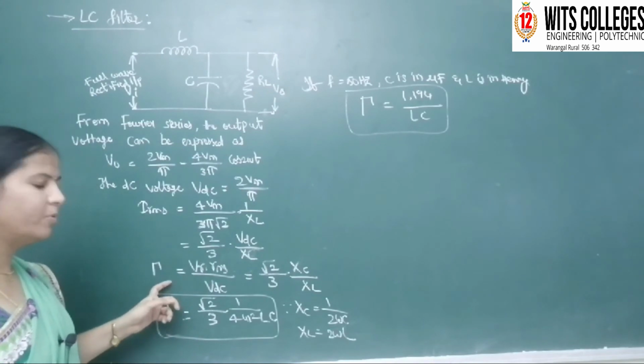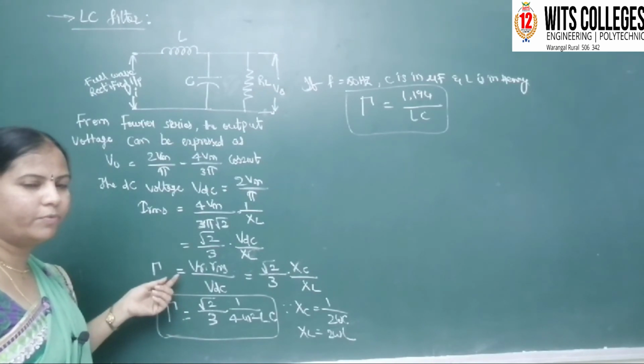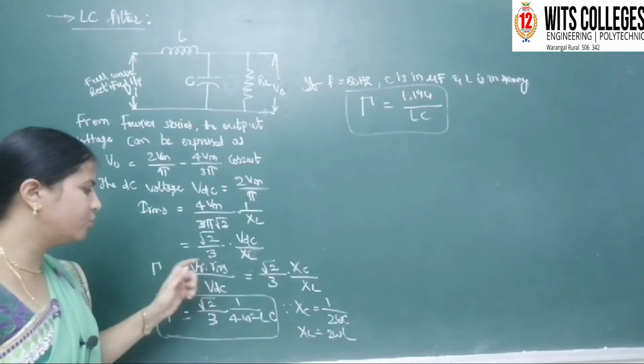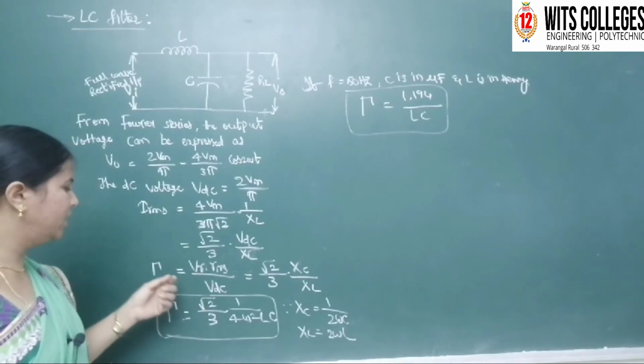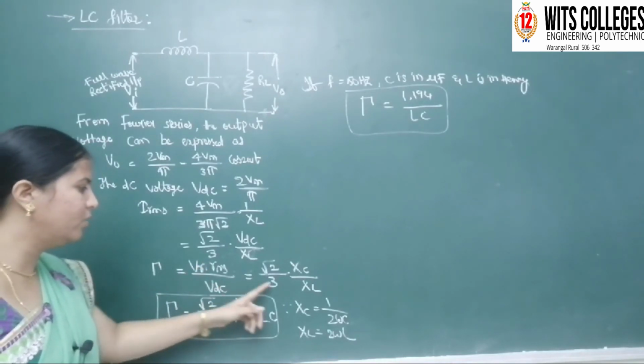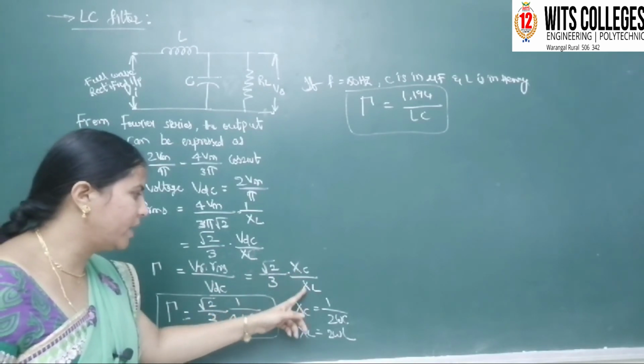Coming to the ripple factor, what is the definition of ripple factor? The ratio of RMS voltage to the DC voltage. If you combine these two values, you will get root 2 by 3 XC by XL.